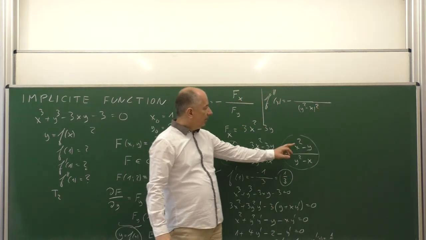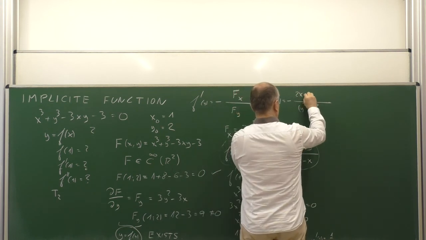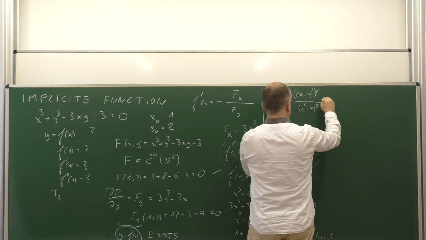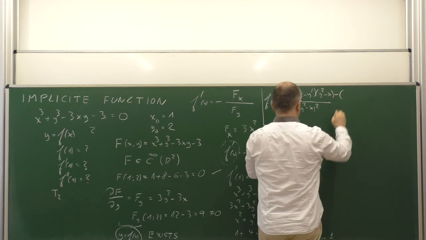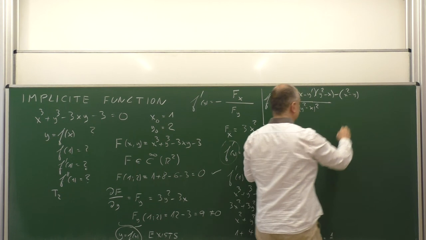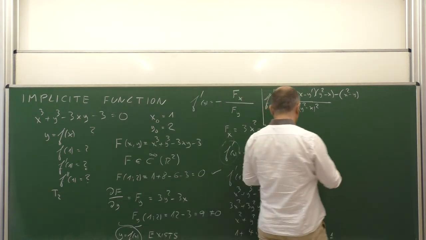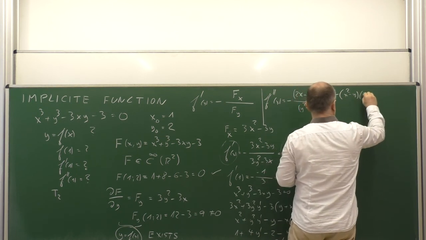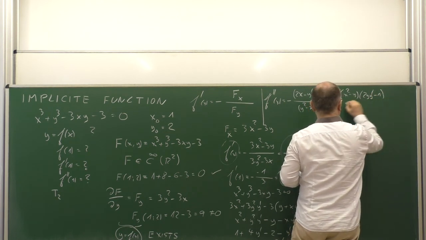And now the derivative of this, which is 2x minus y derivative times the denominator y squared minus x, minus x squared minus y times the derivative of the denominator, which is y squared, the derivative is 2y derivative minus 1.